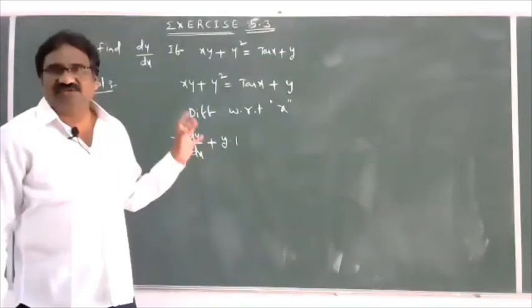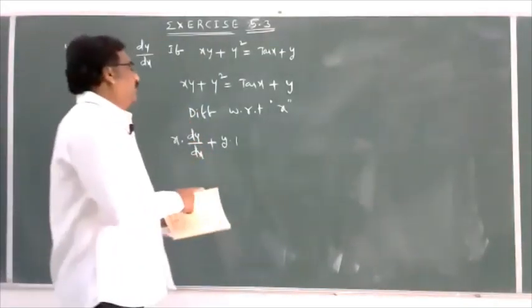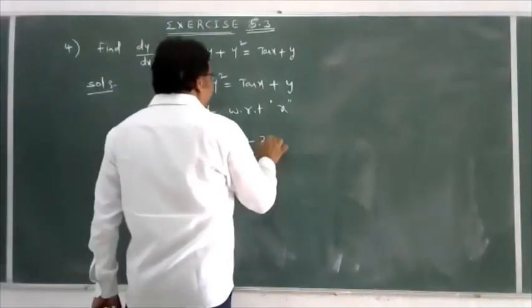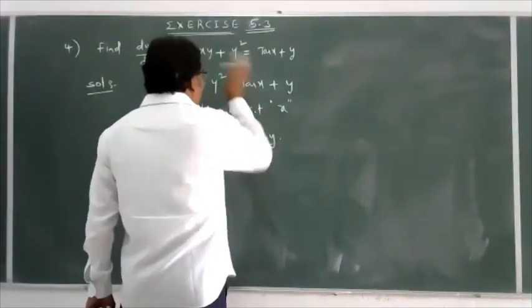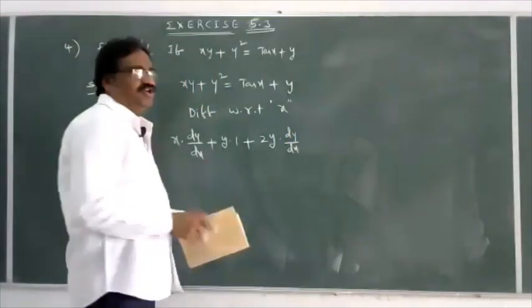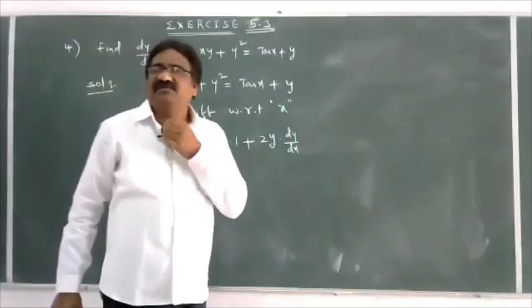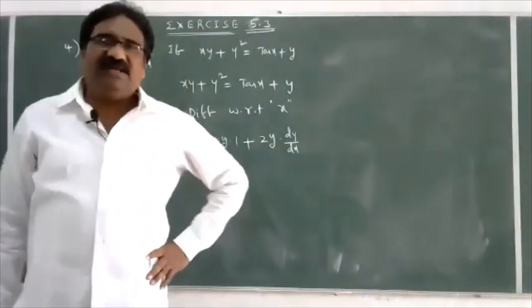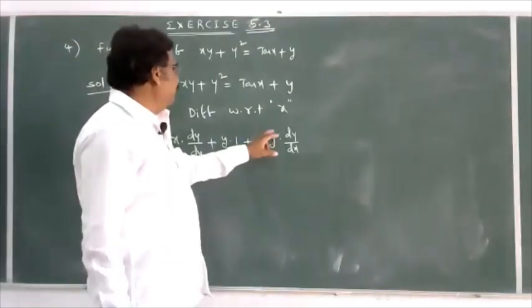This is using product rule, plus here y square derivative is 2y into y derivative, dy by dx, by using the chain rule. y square is in the form of x power n. x power n derivative is n into x power n minus 1.